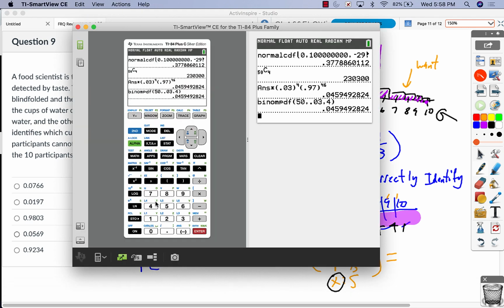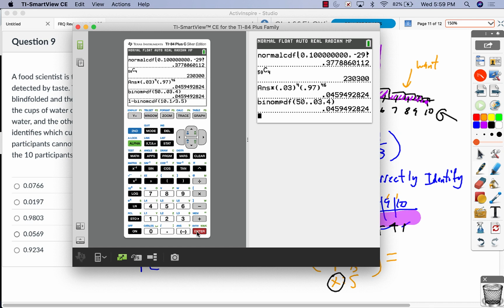So this is going to be 1 minus. Now I need to go to my distributions, second distribution. I'm just going to hit the up button. Trials. What do we want? There's 10 people. What's the chance anybody gets it right? 1/3. And you go 5 here. Enter. Paste. 1 minus.